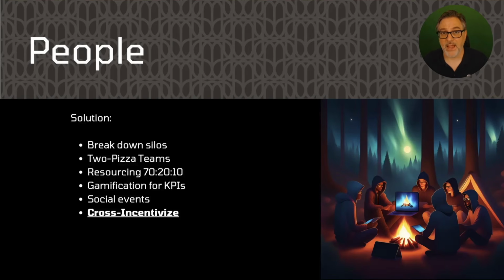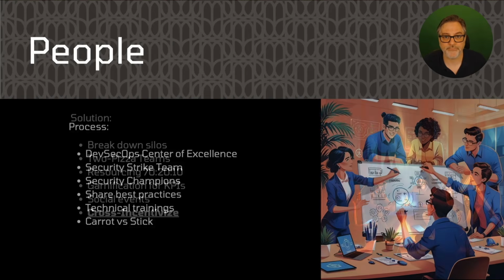I personally do not have a fantastic recommendation for this, but it is something for everyone consuming this course to think about: how might you implement an incentivization plan for your teams that would allow them to work more closely together and share in the benefit of that shared objective.